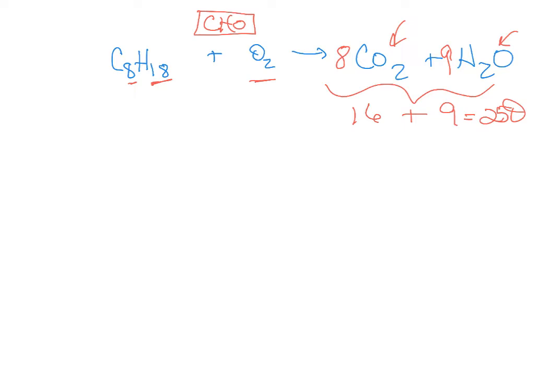Well, this is the case where some people just redo the whole balancing act with a 2 in front of the C8H18, which forces you to get an even number over here. So let's try that. Okay, so I will just erase what I had, and we'll start over with a 2.